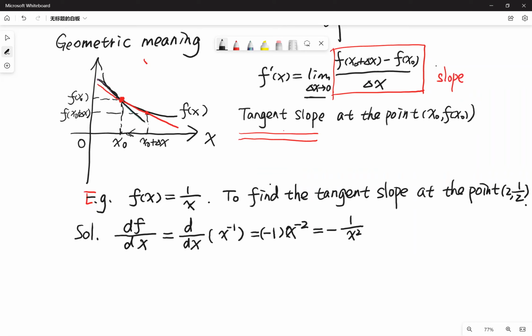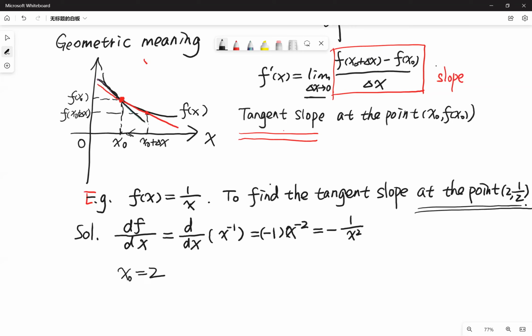And we know that at this point, 2, 1 by 2, x0 is 2.